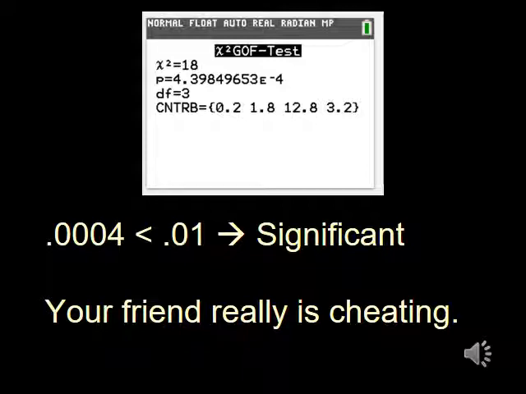And then I would ask you the question, yes or no, is this a significant result? Well, again, what I do to make that happen is I look at that p-value, I compare it to the alpha that was given back at the beginning of the problem, which was 1%. This is definitely less than that, so it is significant. Yeah, your friend really is a cheater.